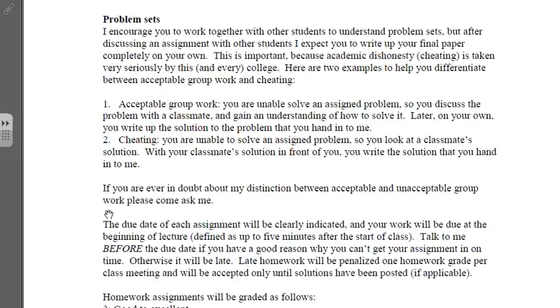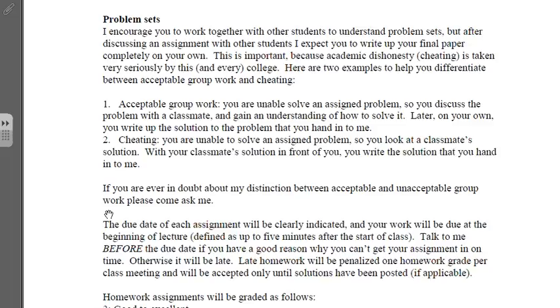The due dates, I can be pretty flexible about due dates. I'll give due dates, and if you get your problem sets in on the date that I specified, then I'll promise to get them back to you within a week or so.